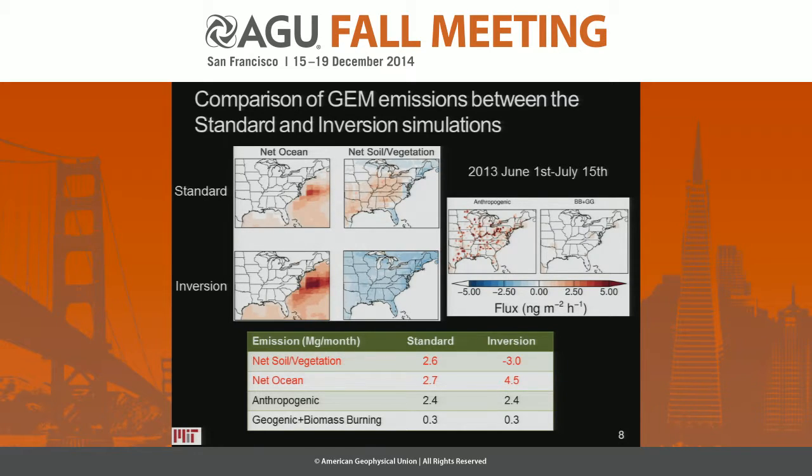They contribute similar emissions. In the inversion case, the ocean becomes a larger source. The total emission doubles. But the soil and vegetation system become a net sink of GEM. We do not change anthropogenic emissions, geogenic emissions, and biomass burning.